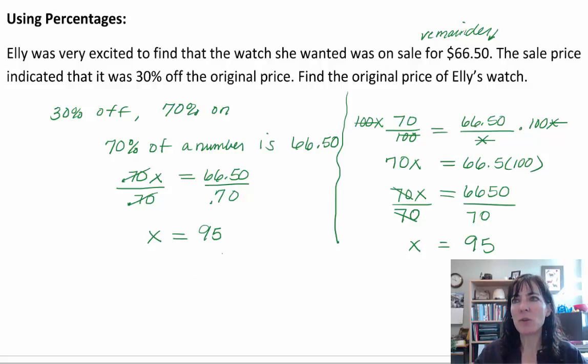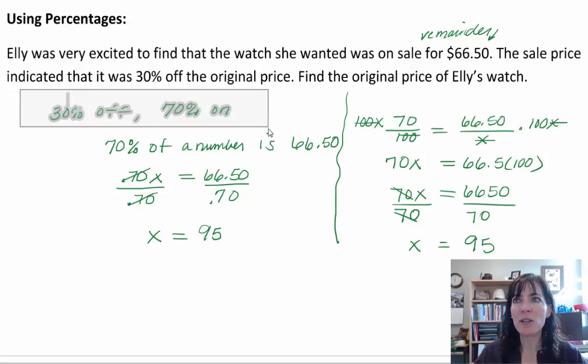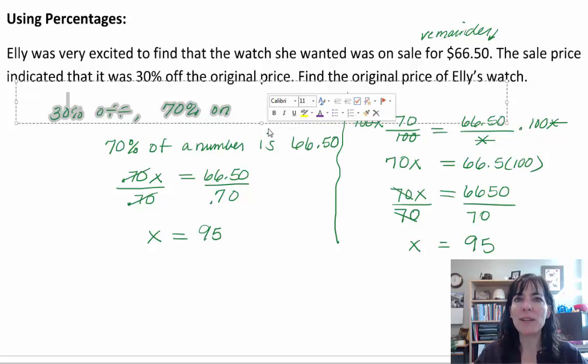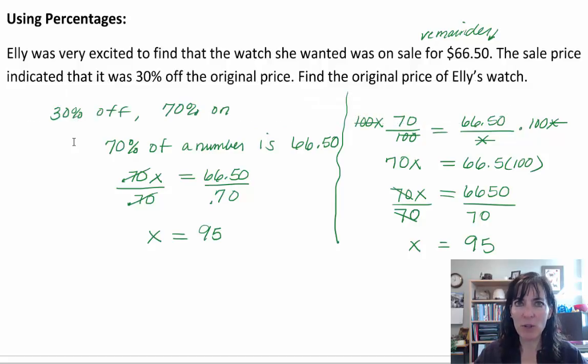One is using those keywords of and is to help you figure out how to write an equation, and the other is using a proportion equation showing a proportion of what's the 70 out of 100. You have to think about it as if the sale is 30% off, then that means that you're left with paying 70% of the original price.